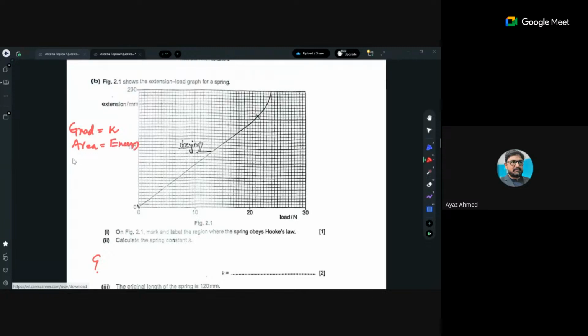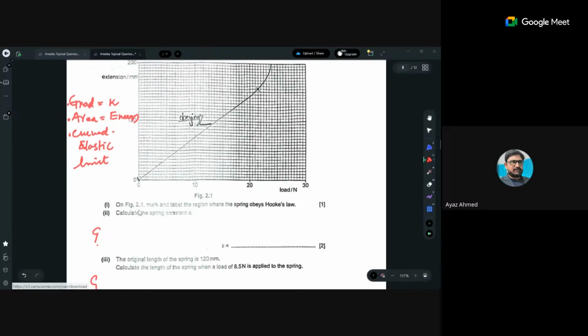The third point is that the curved portion disobeys Hooke's law, and the point till which the graph is linear is the elastic limit. You have to remember these points only, then your question will be solved.